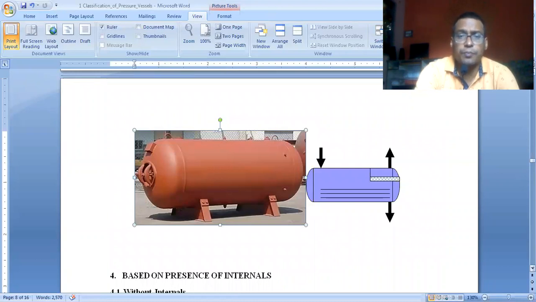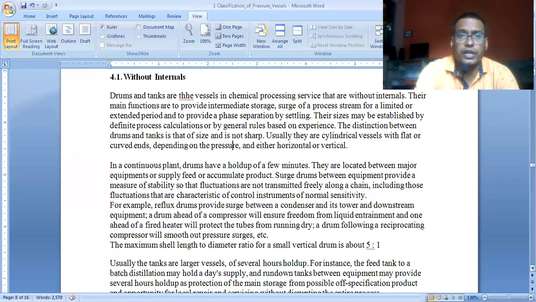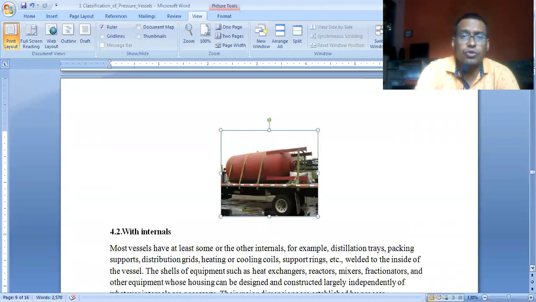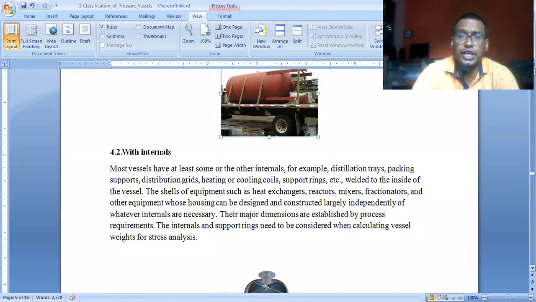Then based on the presence of internals, whether with internals or without internals. Generally the storage tanks are without any internals. Drums or tanks are mostly without internals. Then with internals, you can have reaction vessels and heat exchangers.